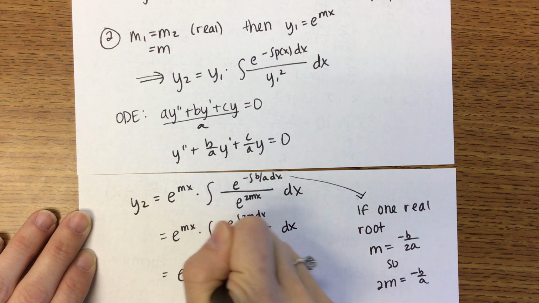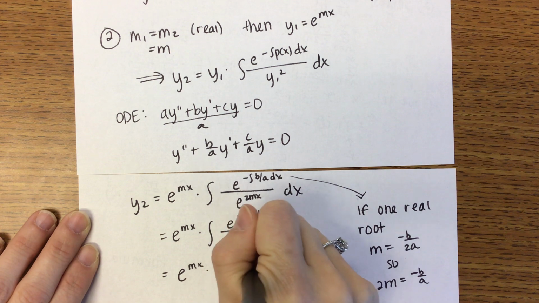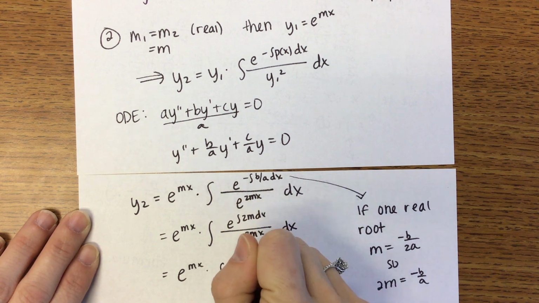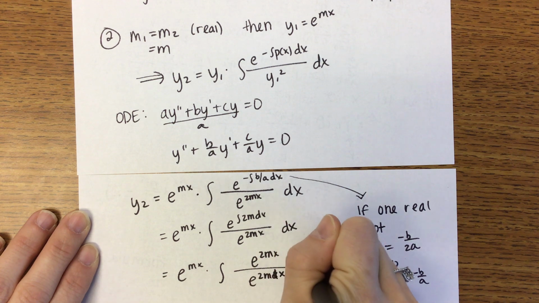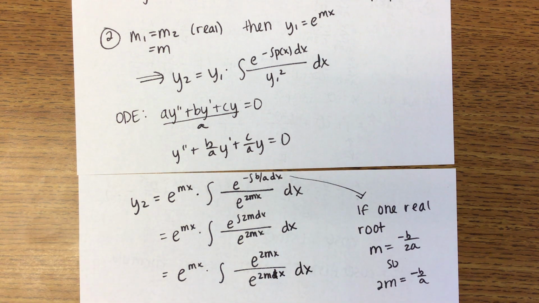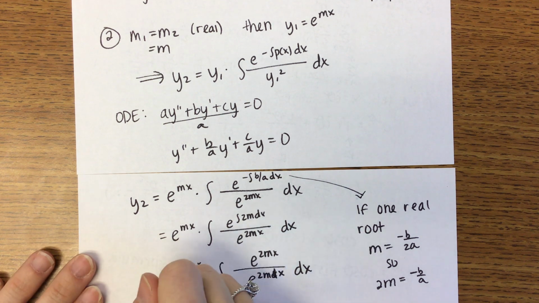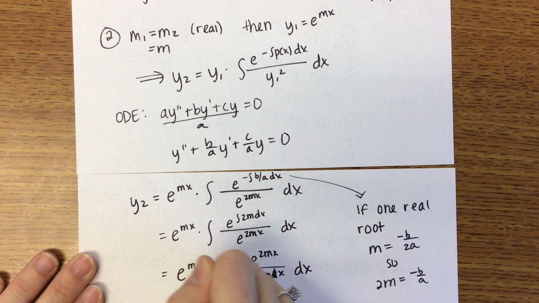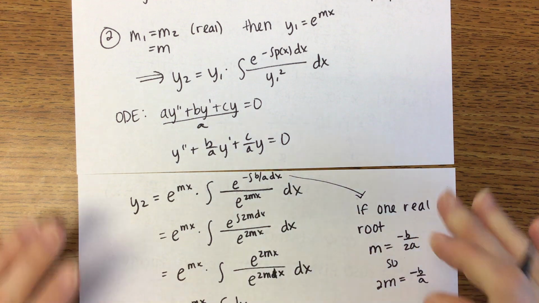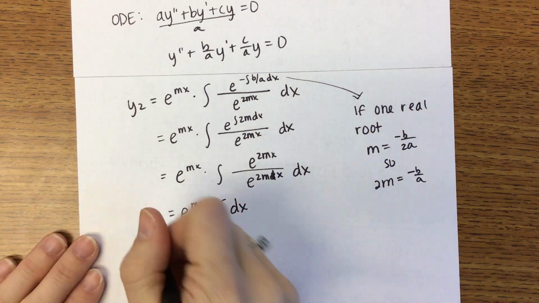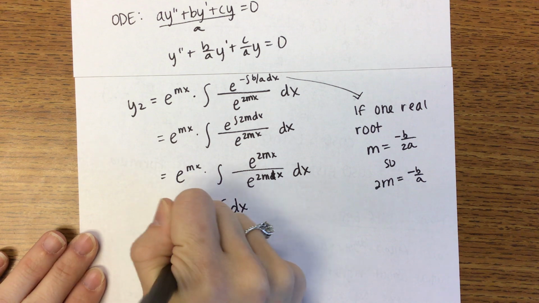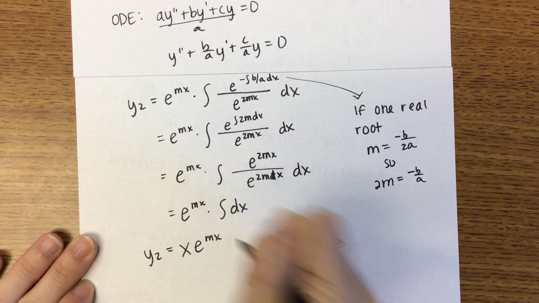Well, this ends up being pretty convenient. In the numerator, we have e to the 2mx. The denominator, we have e to the 2mx. So we get e to the mx times the integral of dx. Our y2 then is x e to the mx.